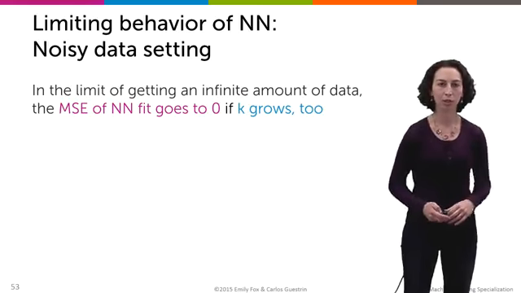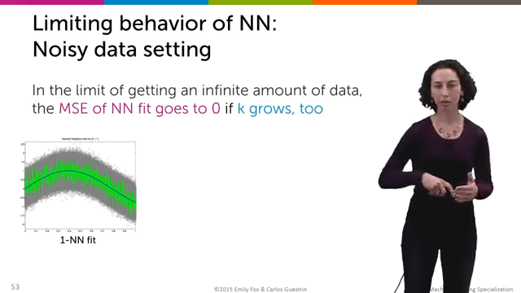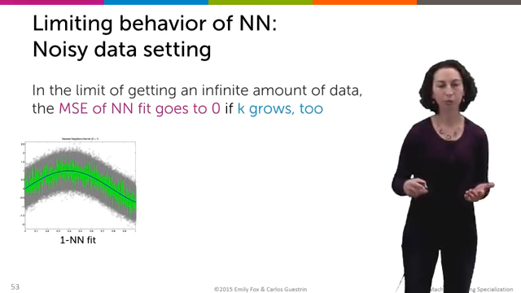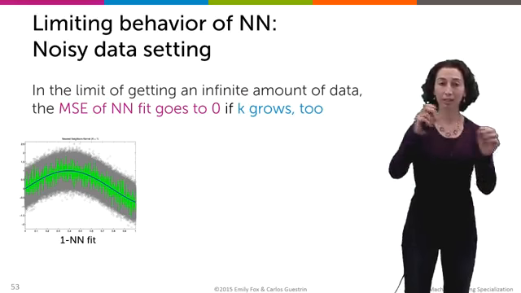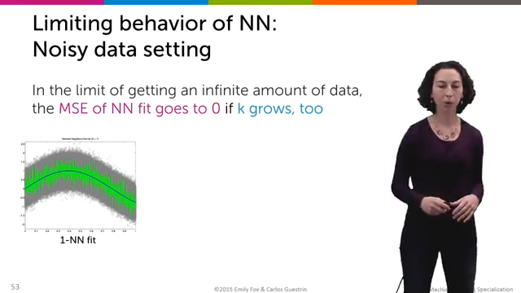So let's look at a visualization of this. Here we're showing the same true function we've shown throughout this module, but we're showing tons of observations, all these gray dots, and they're noisy observations. They're no longer lying exactly on that blue curve. That's why they're this cloud of points.